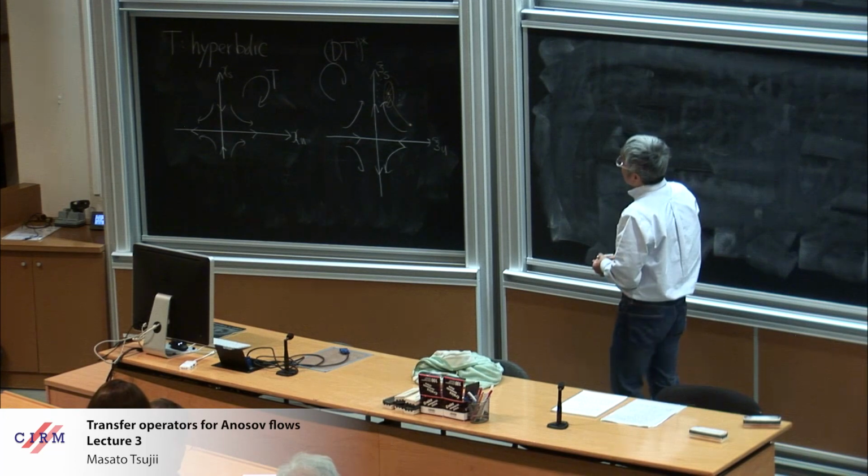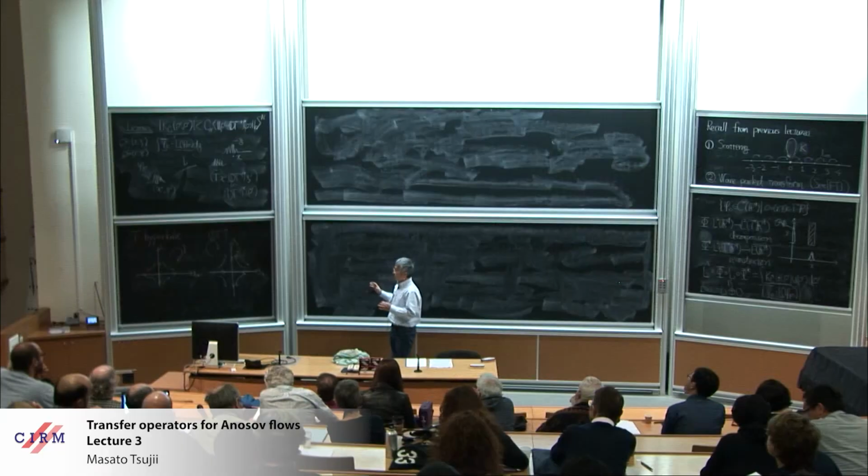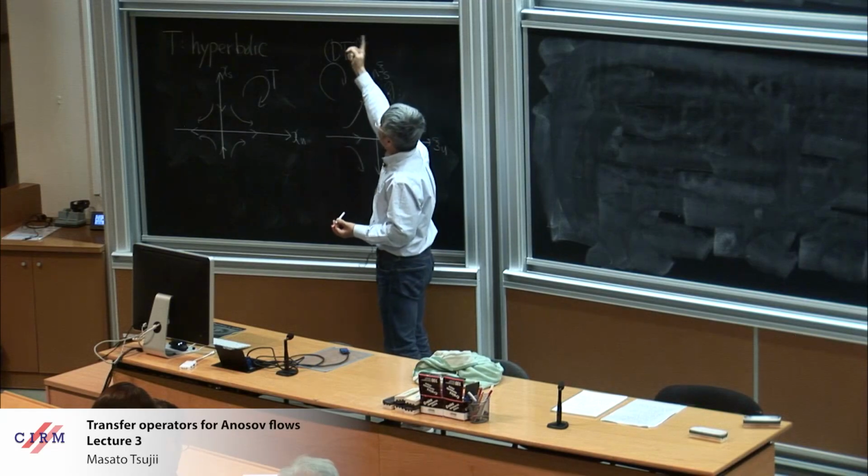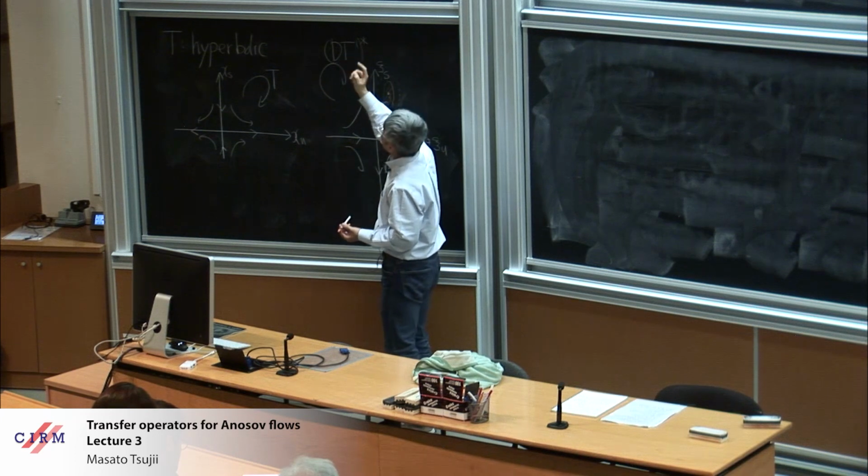So the operator Lhat looks like this. This is a transfer operator given by this action on the cotangent space.